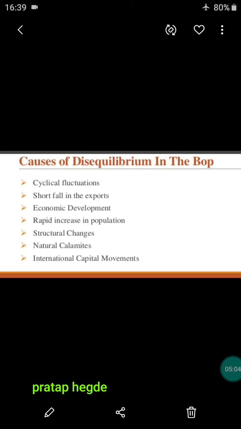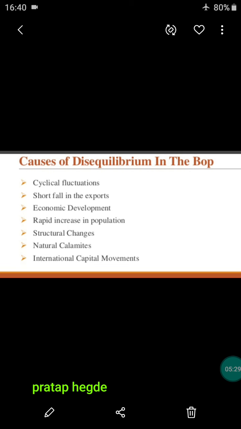As we understand, throughout the year in any economy, the production process cannot continue as planned, or the production process will not be very uniform. There will be fluctuations, there will be ups and downs in the production of the economy. So these ups and downs in the economy cause disequilibrium in the balance of payment.